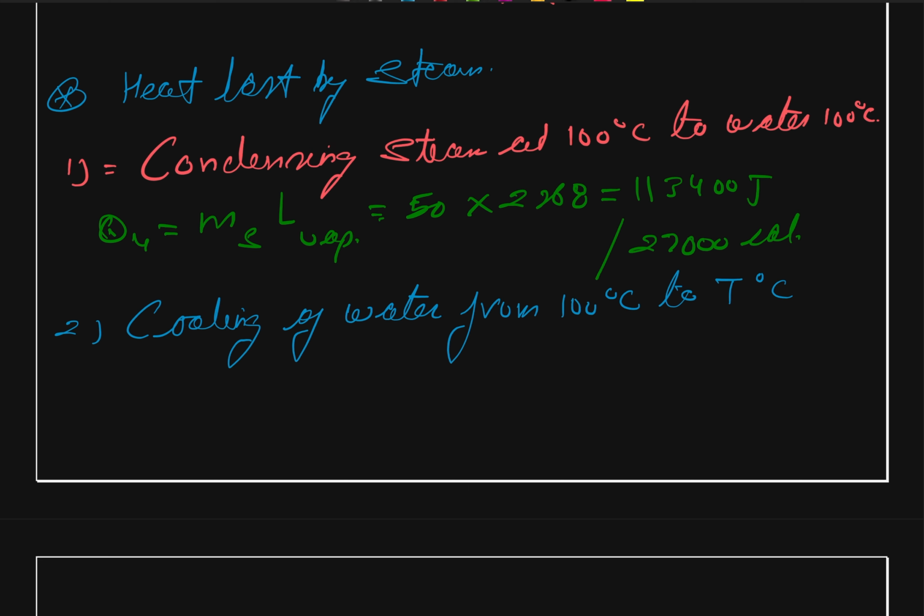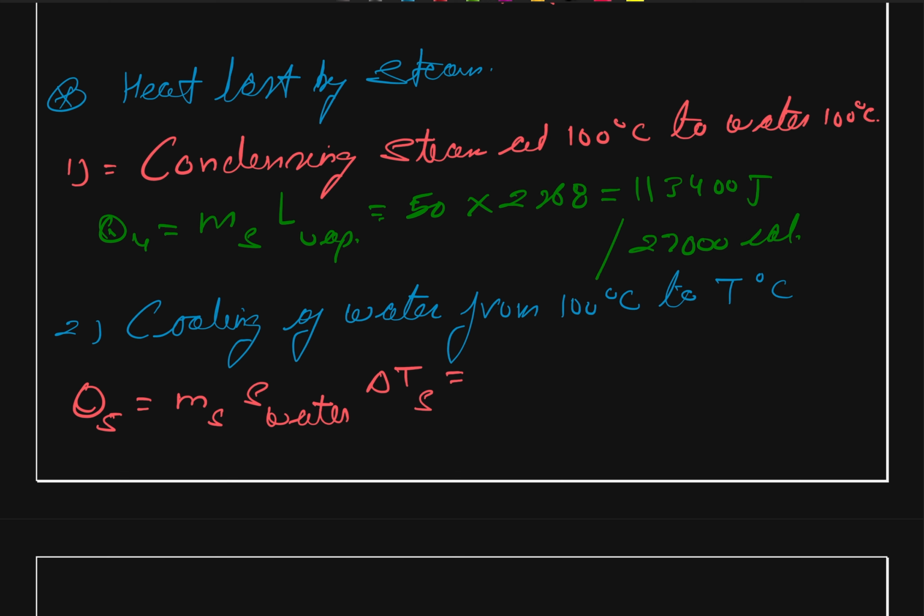So let us call this our Q5. So we can say our Q5 will be equal to MS, and we have specific heat of water and our temperature difference.